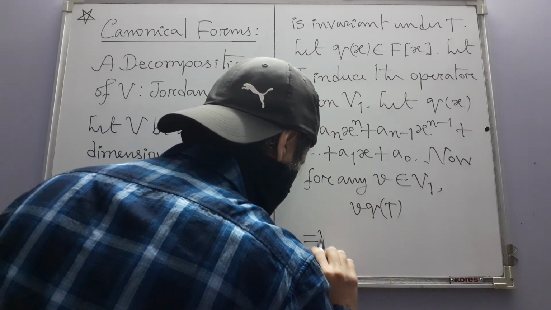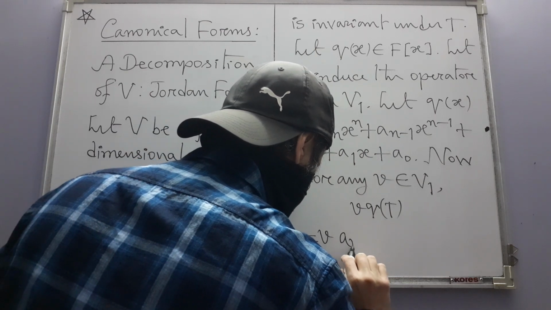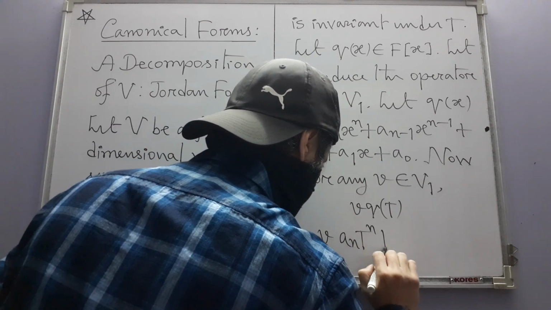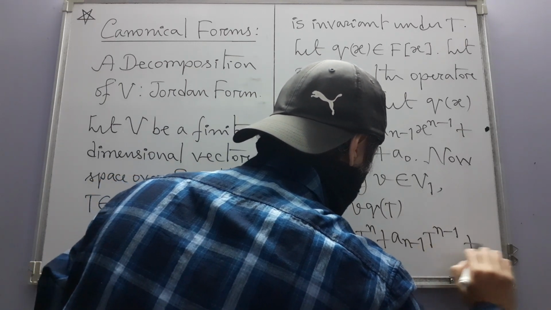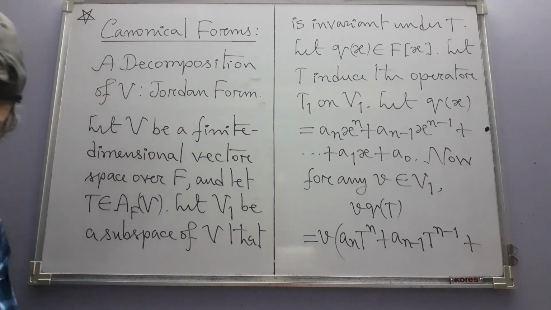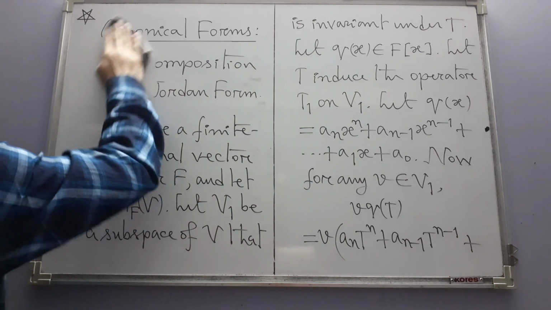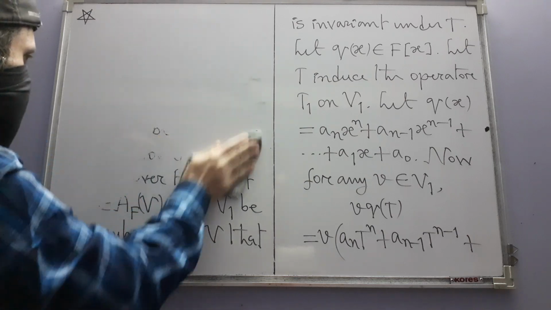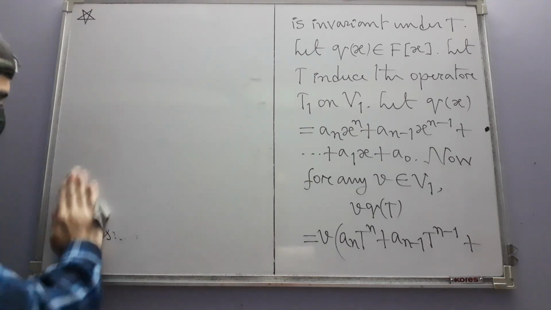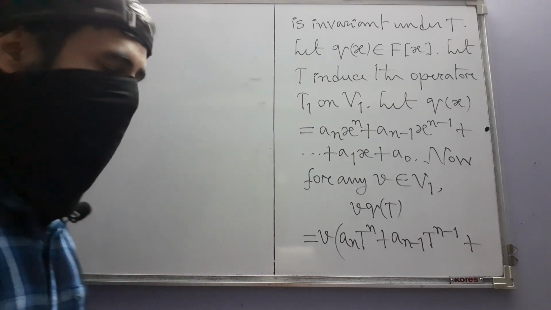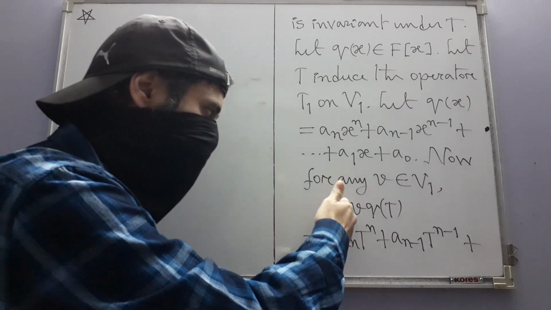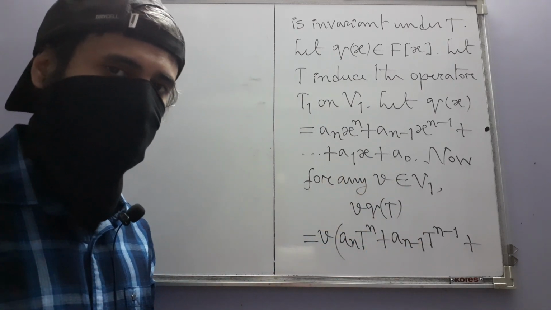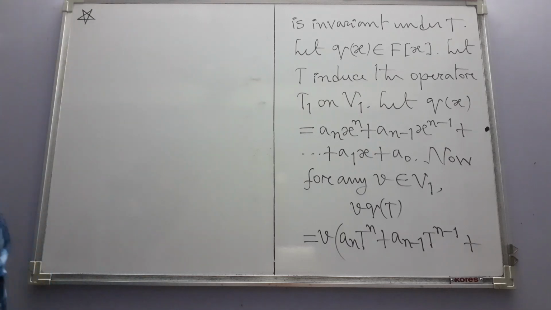So if we now write what Q(T) actually is, it will look like this, plus and so on. It's not a very complicated calculation. It's just going to be ultimately equal to v Q(T1). We just need to see that it really happens, that's all.